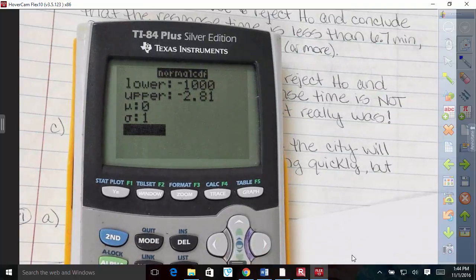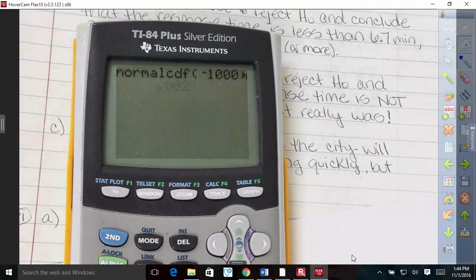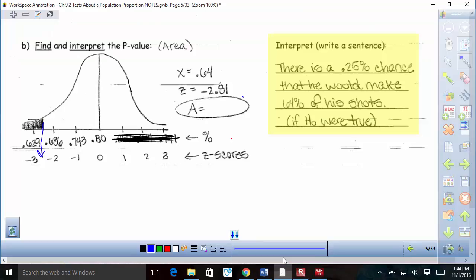What's my area? That's kind of little. That's like 0.2%, isn't it? That's tiny, right? 0.0025 or 0.003 if you rounded it like that. All right, that's your area.